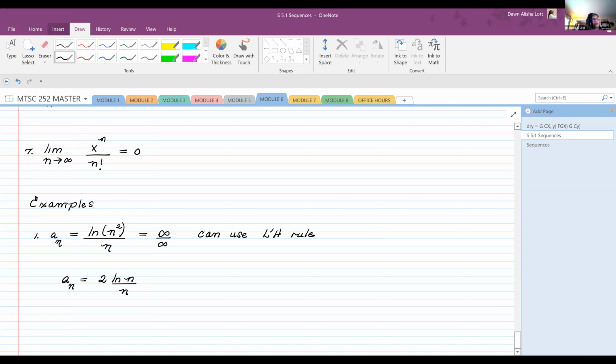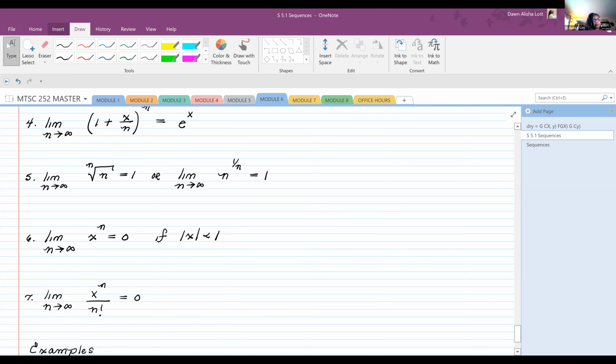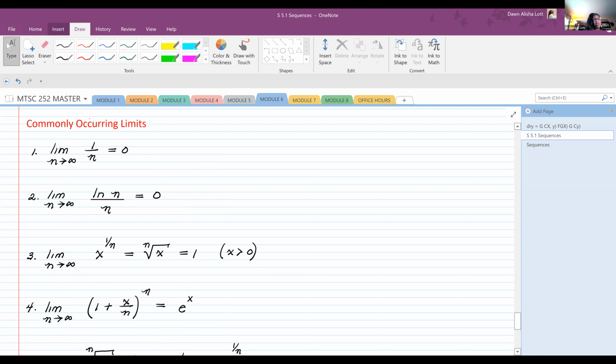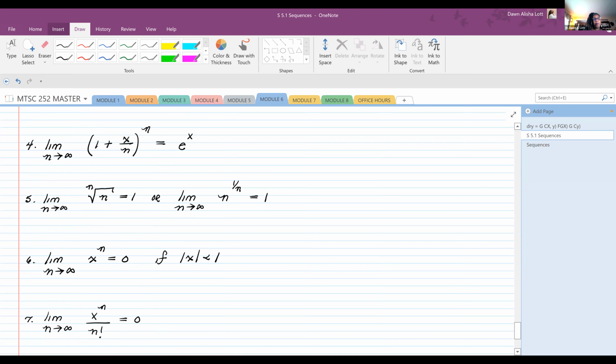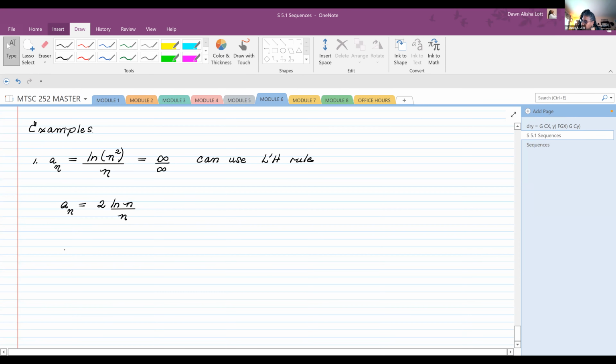And our second rule back here says that the limit as n goes to infinity is 0. The limit as n goes to infinity of a_n is the limit as n goes to infinity of 2 times the natural log of n over n. Now this is that constant multiple rule.